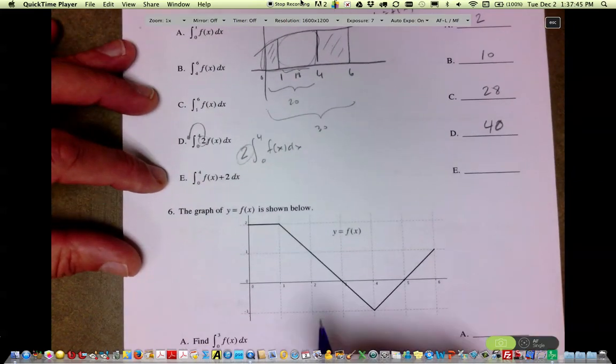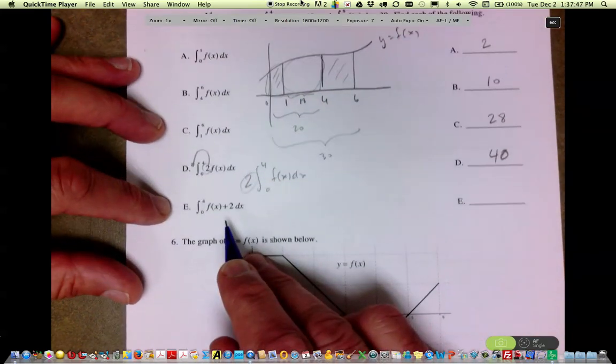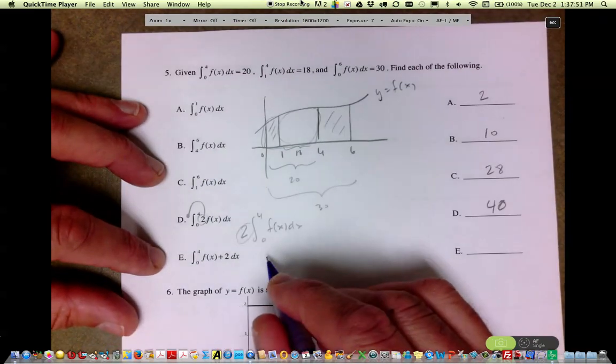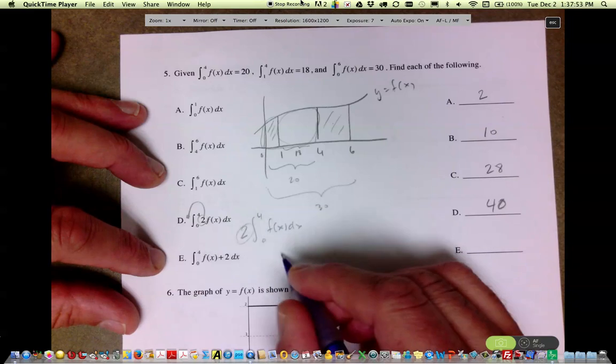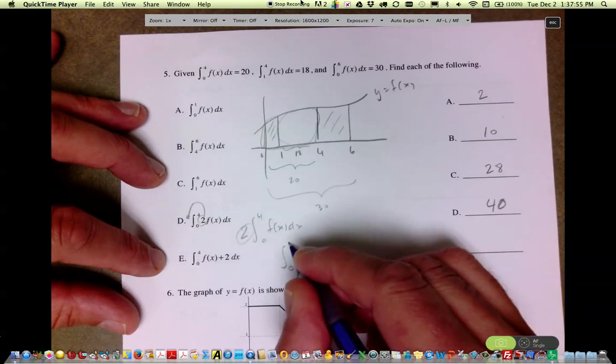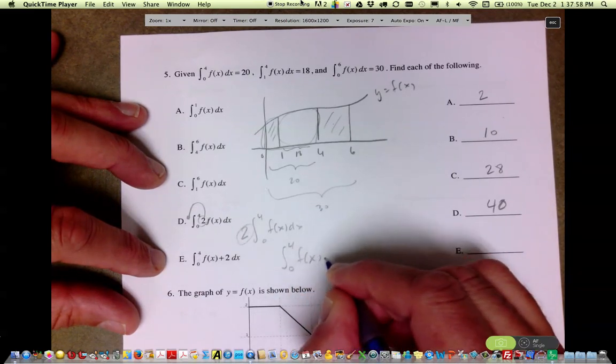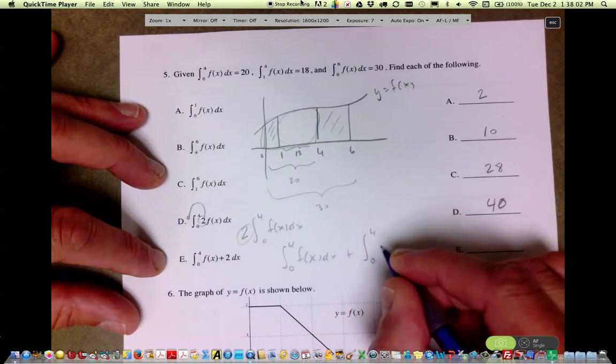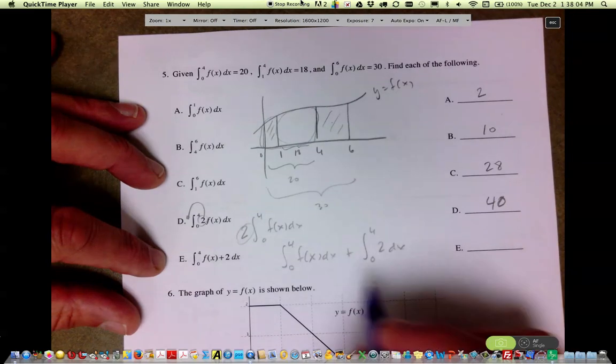Then this is a question that I asked one like this on the quiz, and I think a lot of people missed it. I want to go through this one, which you could split up. You can write this as the integral from 0 to 4 of f of x dx plus the integral from 0 to 4 of 2 dx.